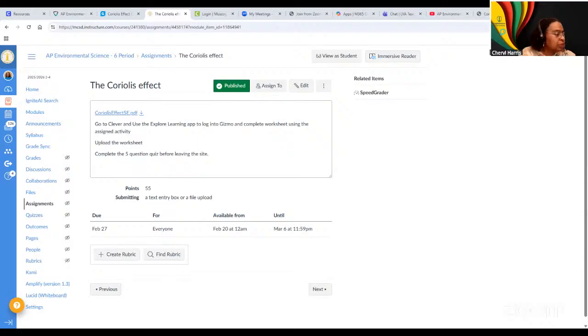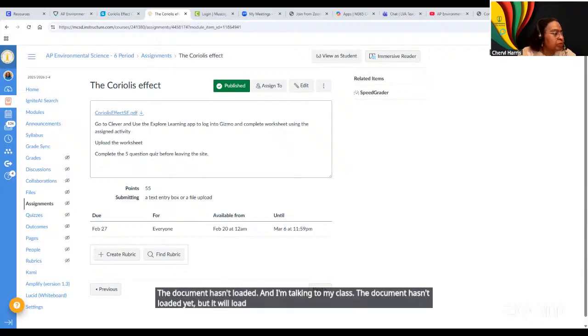All right, the document hasn't loaded. And I'm talking to my class. The document hasn't loaded yet, but it will load. But while you're waiting for it to load, go to the gizmo.